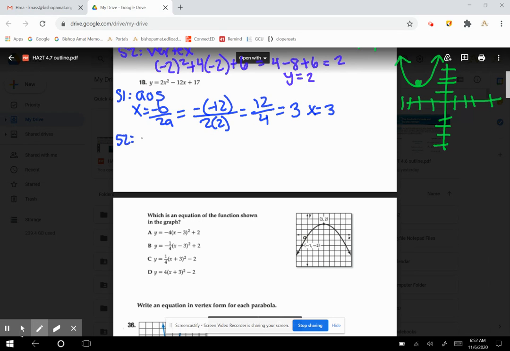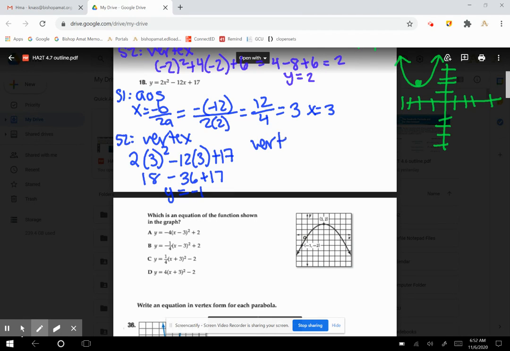Step 2 is to get the vertex. So you're going to plug that in. 2 times 3 squared minus 12 times 3 plus 17. Okay, so this gets you 18 minus 36 plus 17, which y is equal to negative 1. My vertex is 3, negative 1.